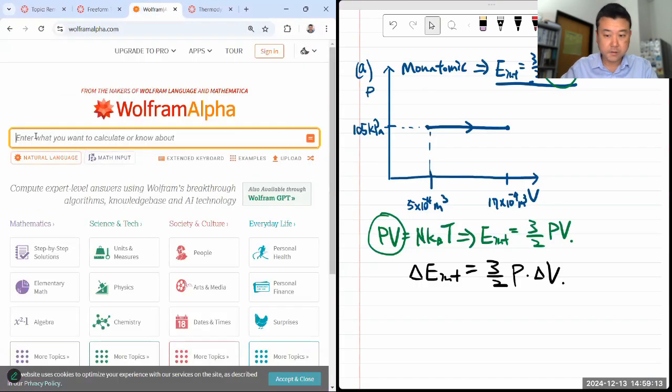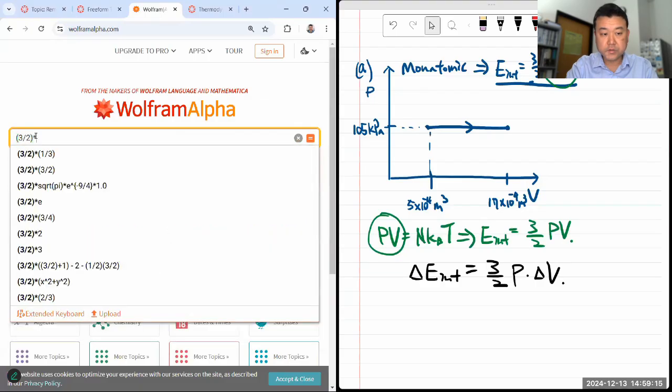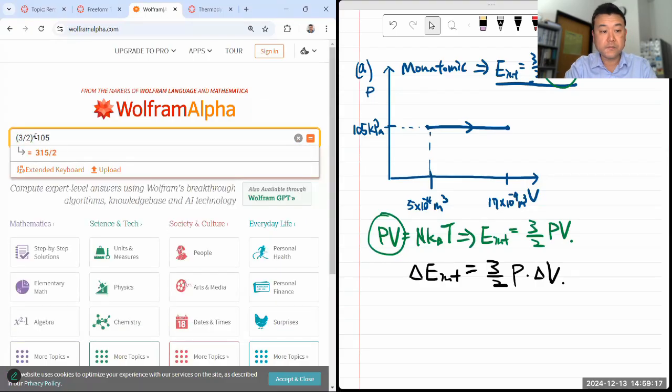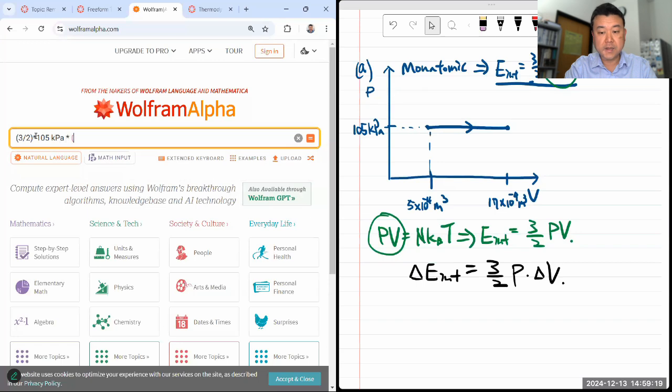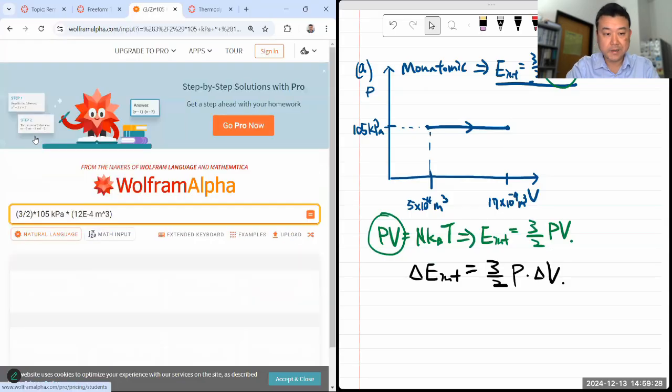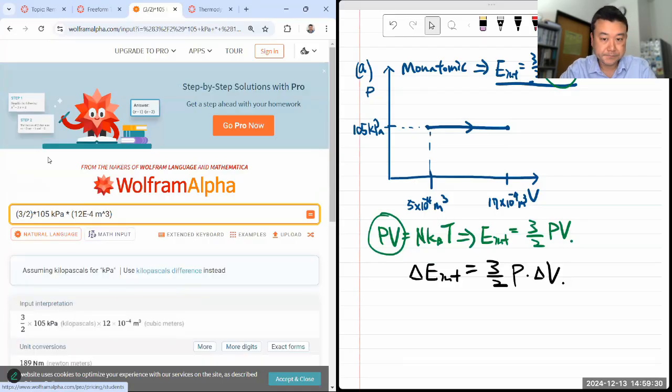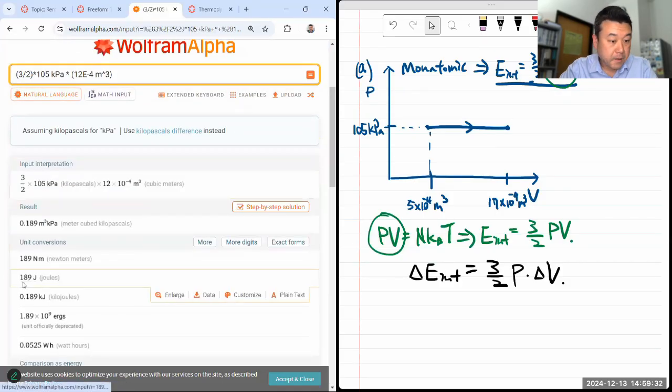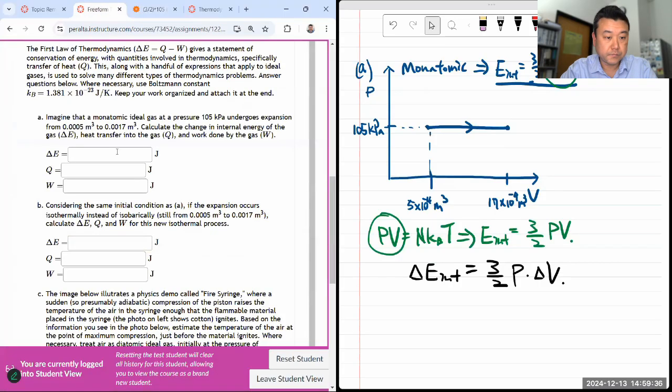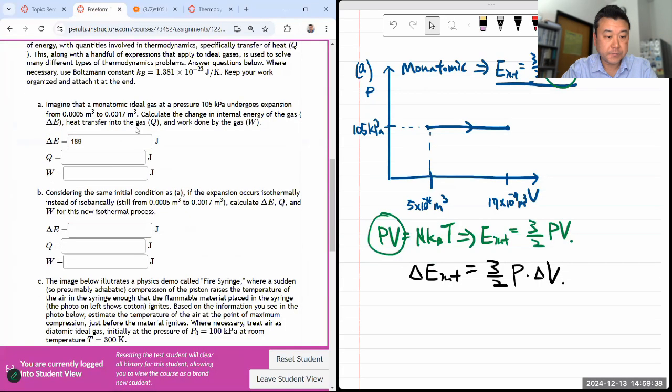Yeah, I think I have all the numbers. 3/2 times pressure, 105 kilopascal, times the change of volume, which would be 12E minus 4 meter cubed. I did a difference in my head. It's quicker. 189 joules. Good.